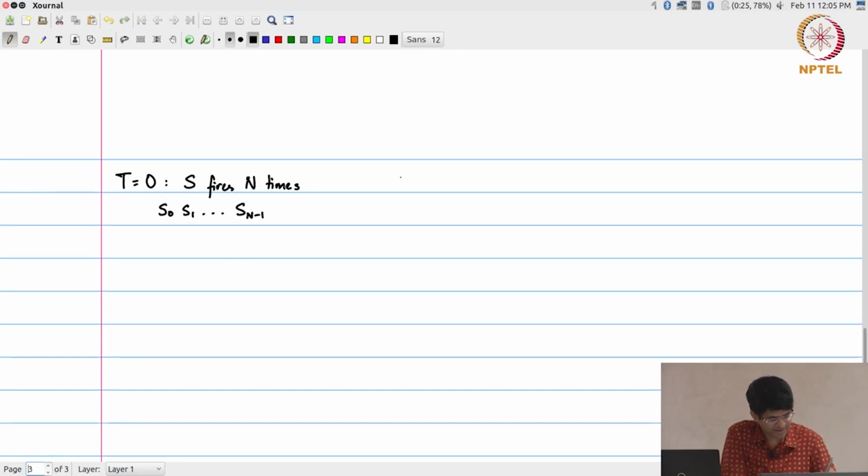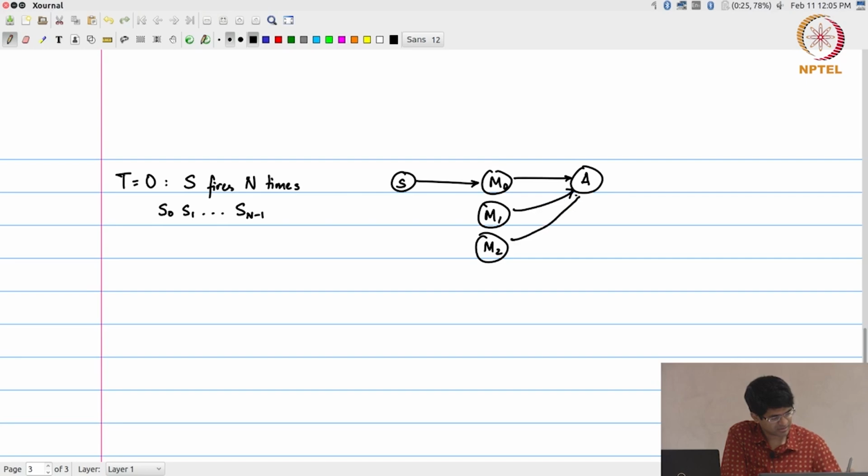It would essentially be something like the same S, M0, M1 and M2 like this, feeding into the adder. So at time equal to 0, if all that has happened is S fired n times, what would I expect the state of the output arcs to look like? How many tokens do I expect on each output arc?